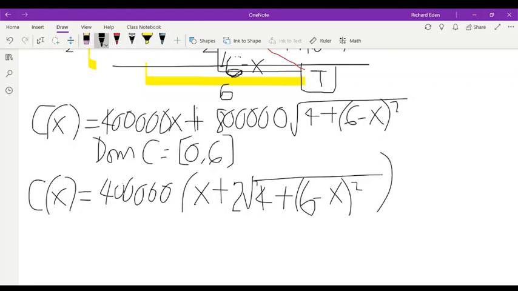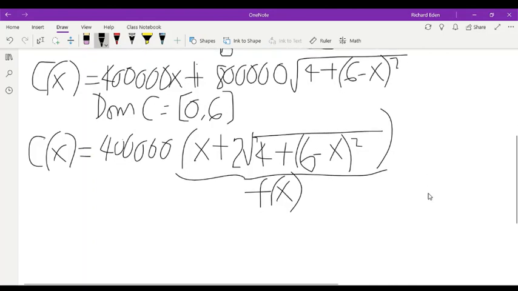And if you call this other factor f of x, we see that because C is merely 400,000 times f of x, minimizing f would lead to the minimum value of C. The least value of f when multiplied by 400,000 is the least value of C.